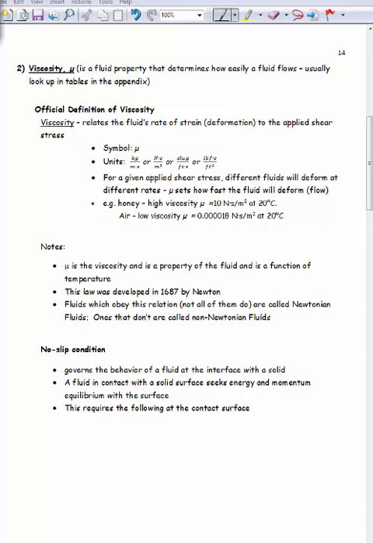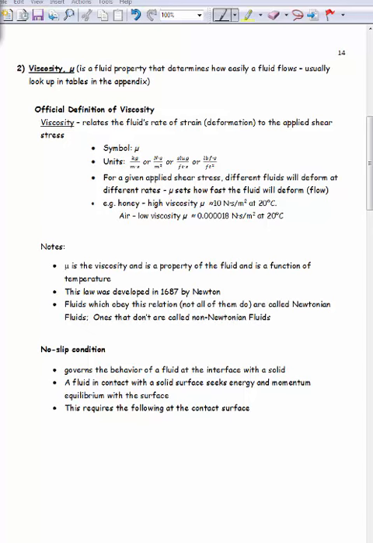So last time we talked about shear stress, and now we're going to talk about the second term in that equation, viscosity, or mu. Now viscosity is a fluid property, kind of like density is a fluid property, and you're going to find it in your appendix in the back of your textbook. The official definition of viscosity is basically defined by that equation, tau equals mu du dy.